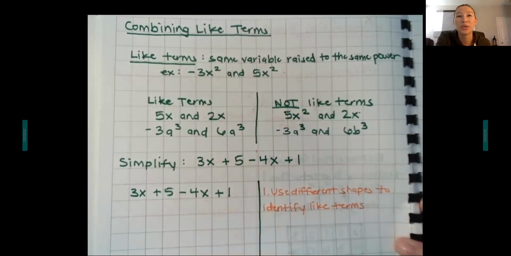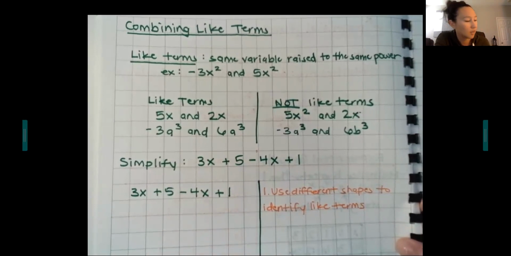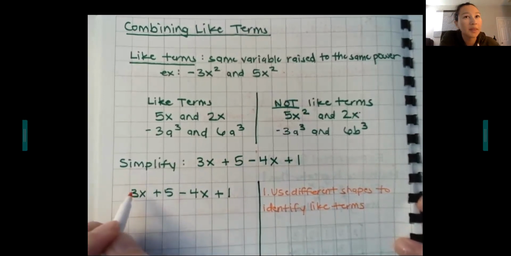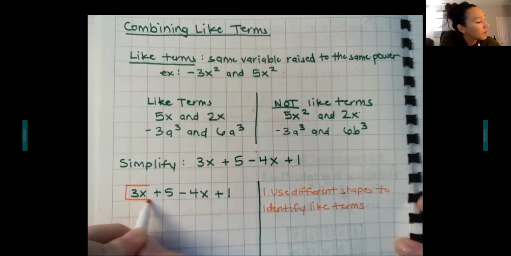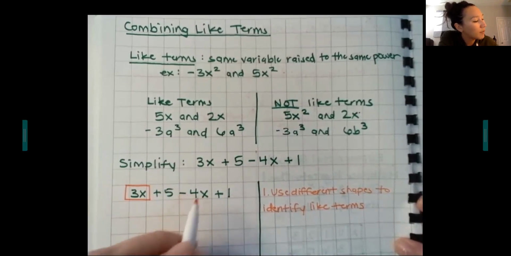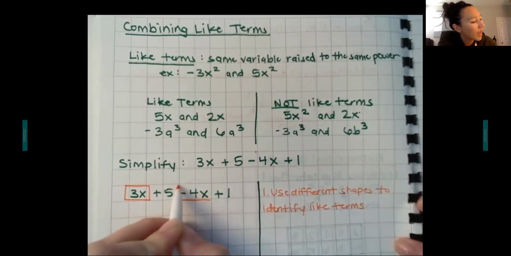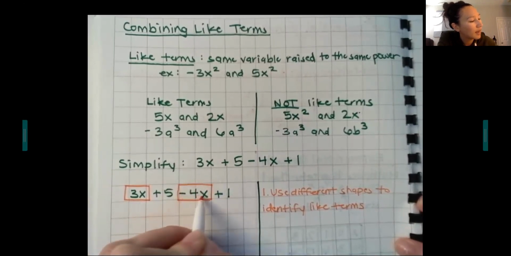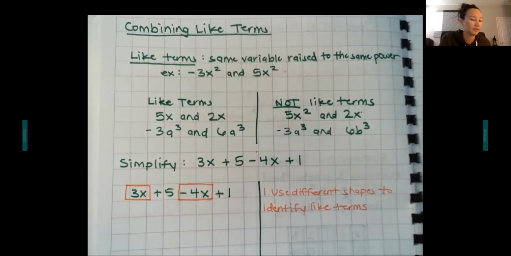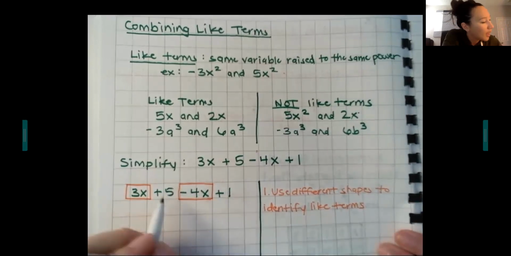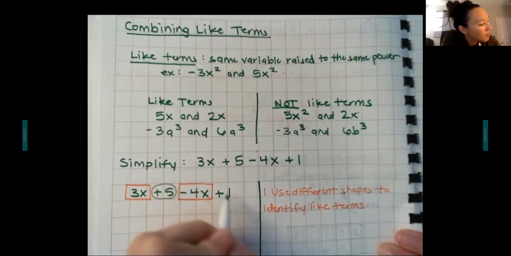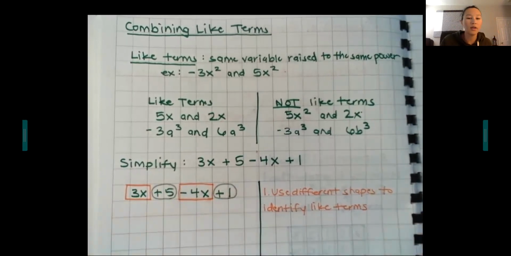I always start with circles and rectangles, and then if there's 3 different ones, we can always use triangles. So we have 3x. I'm going to start with the variables. We have a 3x and we have a negative 4x. So remember to box the sign with it because that negative belongs to the 4x. And then we can circle our positive 5 and our positive 1. Those are also like terms. They don't have variables, which means we can combine them.